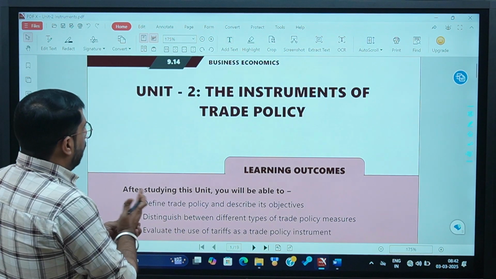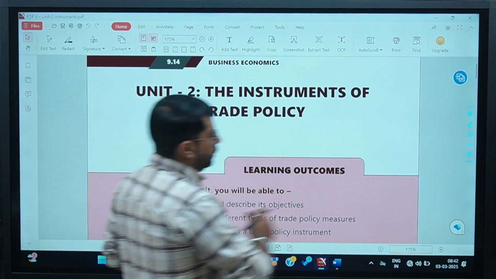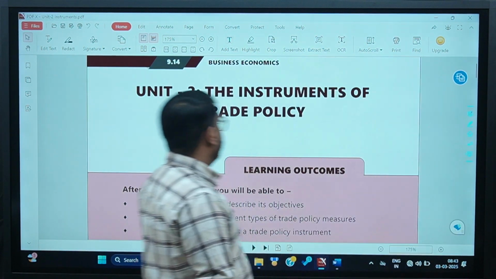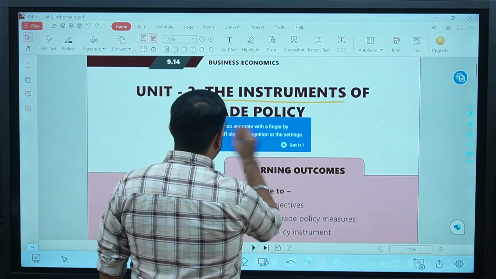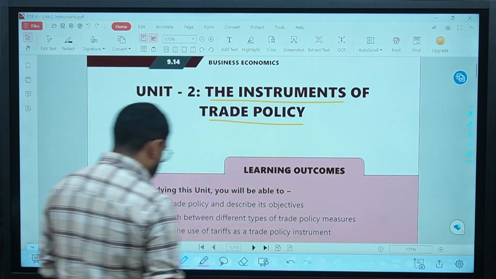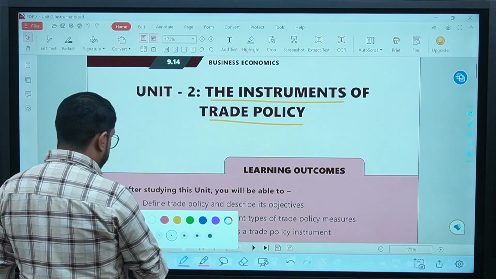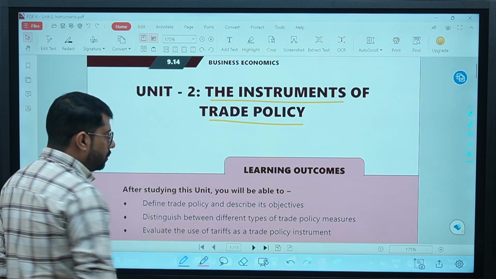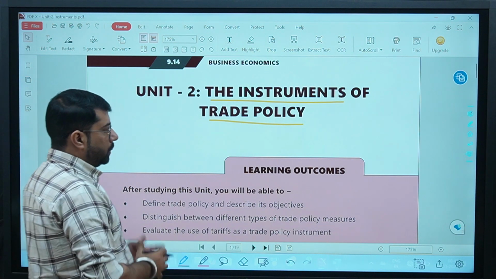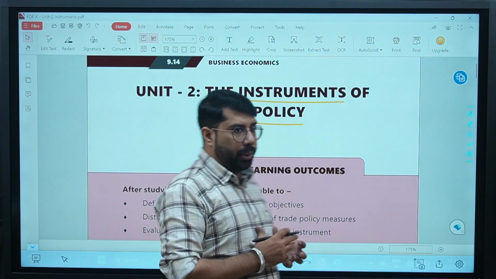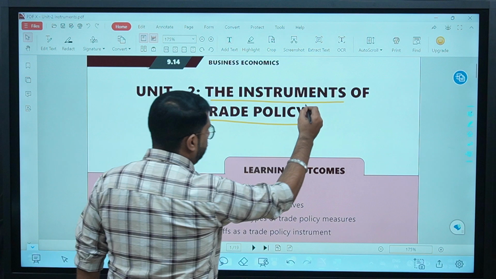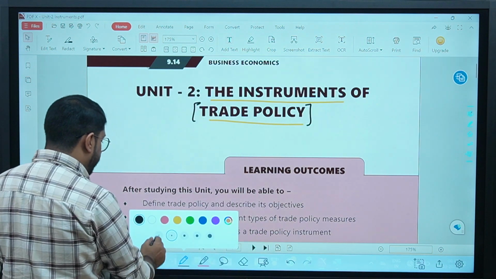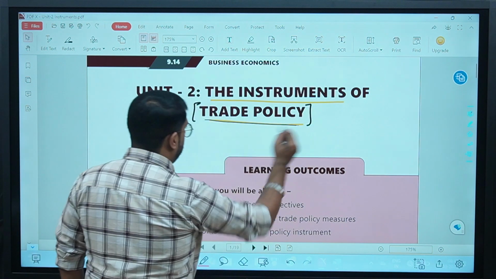Okay, guys, so today we are going to start with unit number 2 of international trade, that is the instruments of the trade policy. Now, in this instruments of trade policy, we are going to study some instruments through which we control the trade, right?